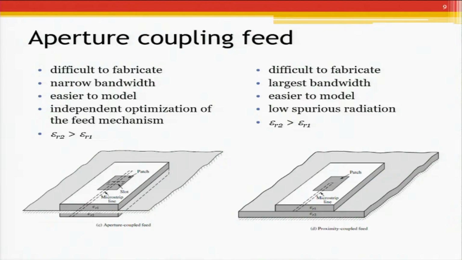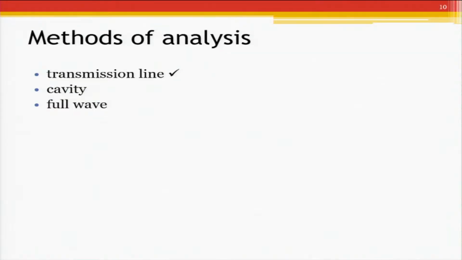Now, we'll move on to methods of analysis. We'll teach you how to design these antennas. There are three methods: transmission line, cavity, and full wave. If you want to really understand what's going on with microstrip antennas, I suggest you go to cavity or full wave.